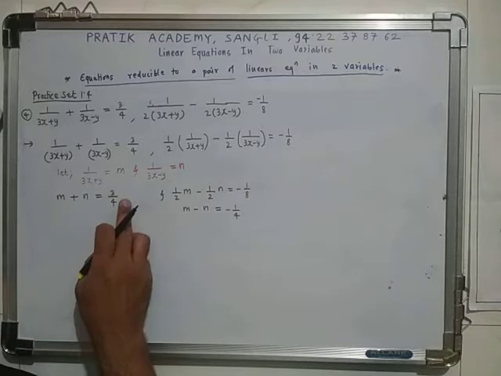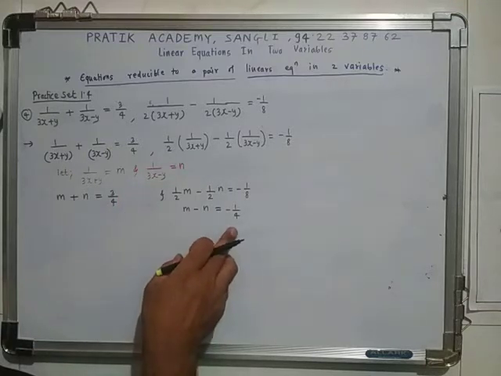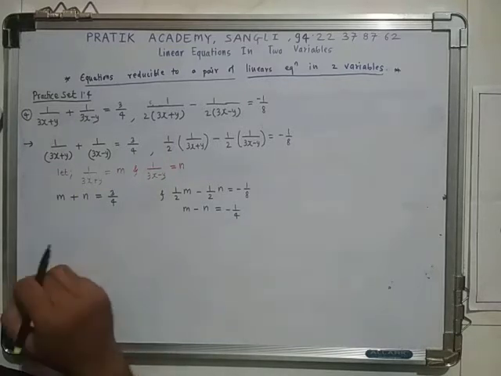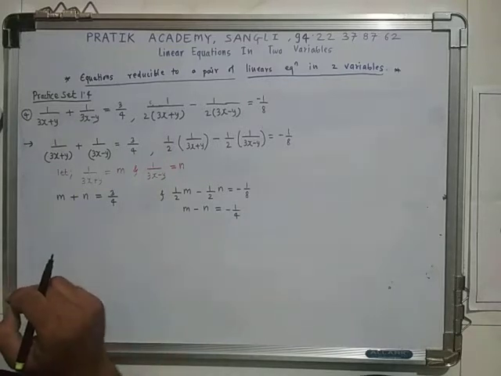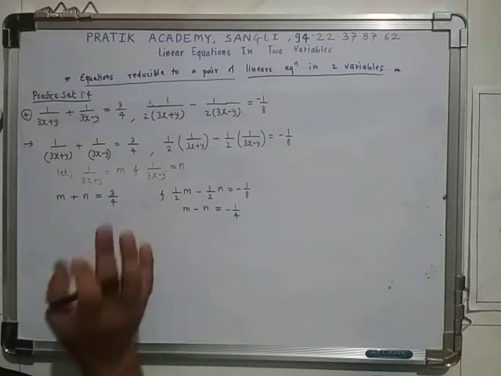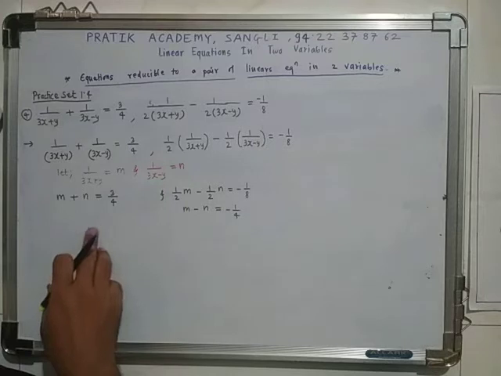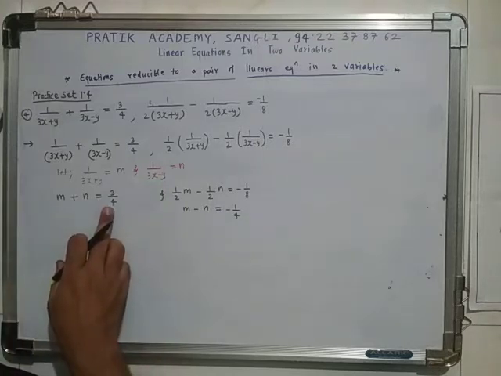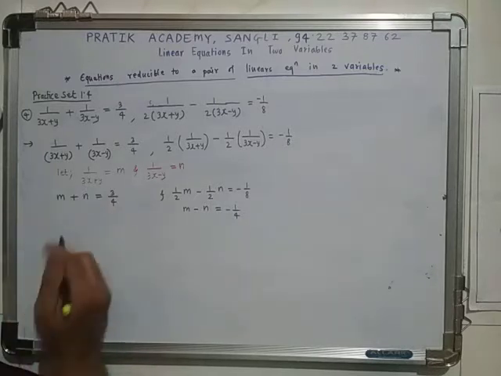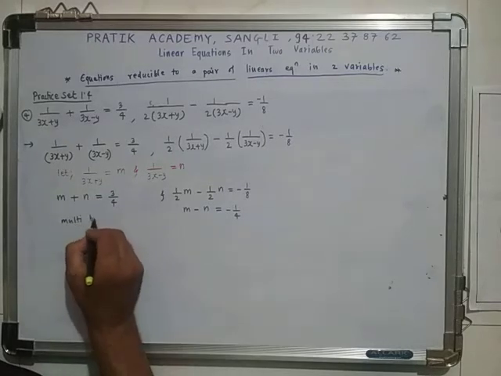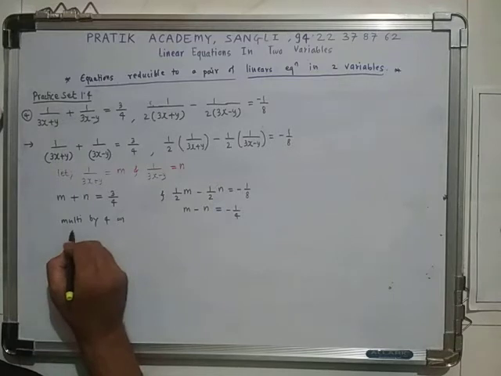These constants are in fraction, and as we discussed in practice set 1.1, when there is a fraction, calculation becomes difficult. So avoid these fractions. For that purpose, multiply both sides by 4.